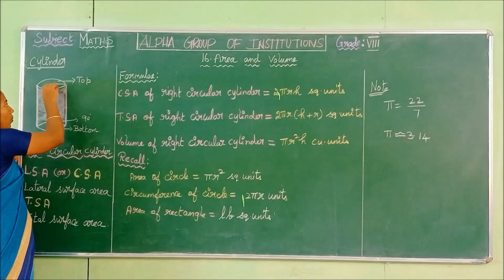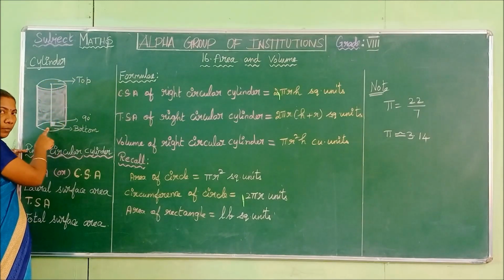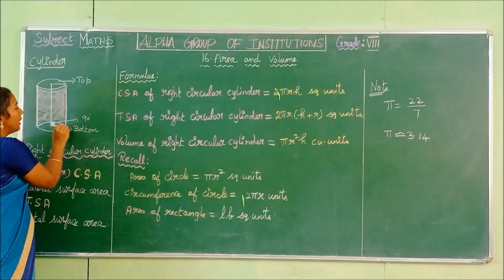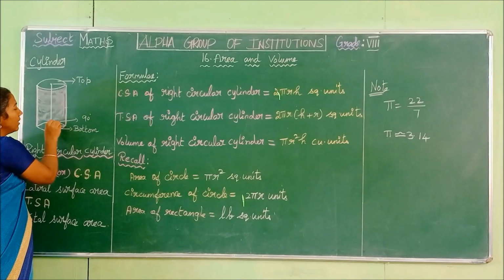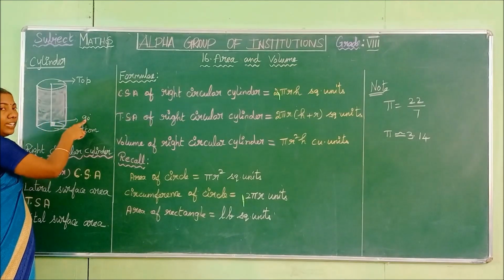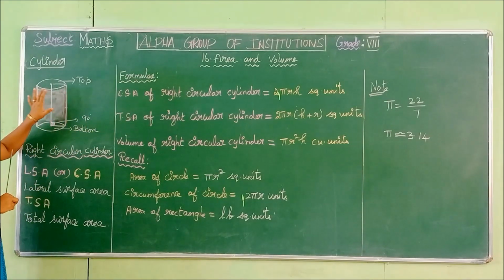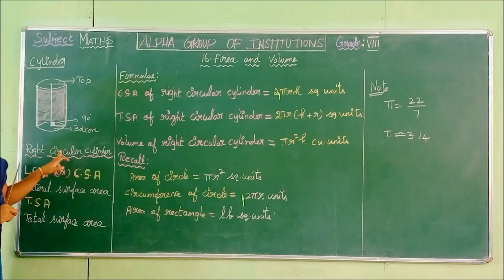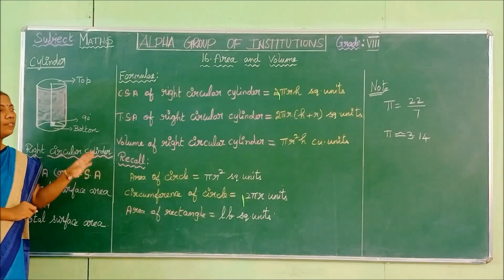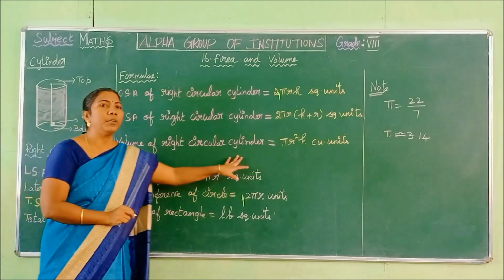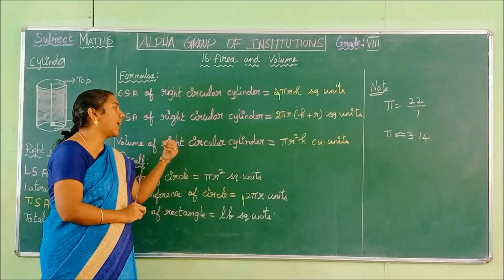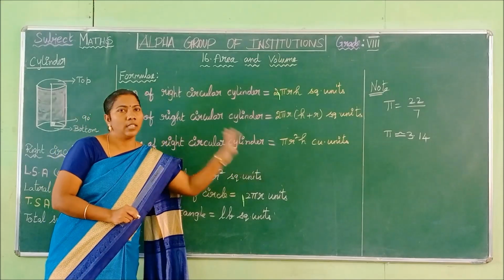If you join both the centers by a line segment, the angle between the base radius and this line is 90 degrees, that is a right angle. That's why we call this type of cylinder a right circular cylinder. Wherever we write cylinder in this chapter, we have to understand it is a right circular cylinder.